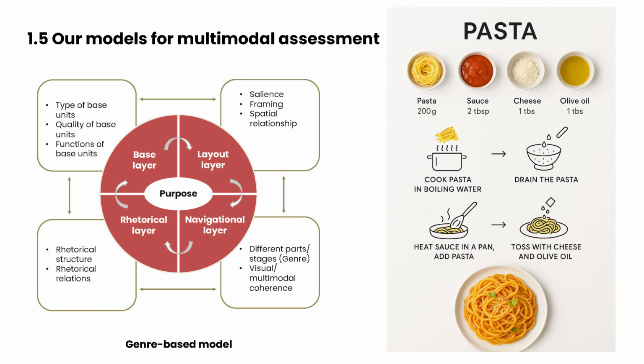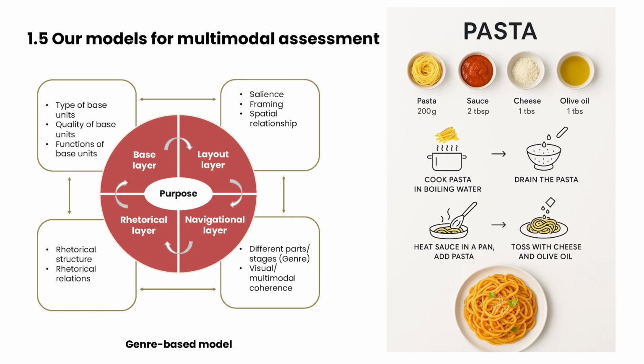It combines ingredients, process steps, and a visual representation of the final dish to help the audience quickly understand how to prepare the recipe. The second component in this model is Base Unit. The poster uses two main modes. Linguistic mode: it includes concise written instructions like cook pasta in boiling water and ingredient labels with measurements, e.g., pasta 200 grams, sauce 2 tablespoons.